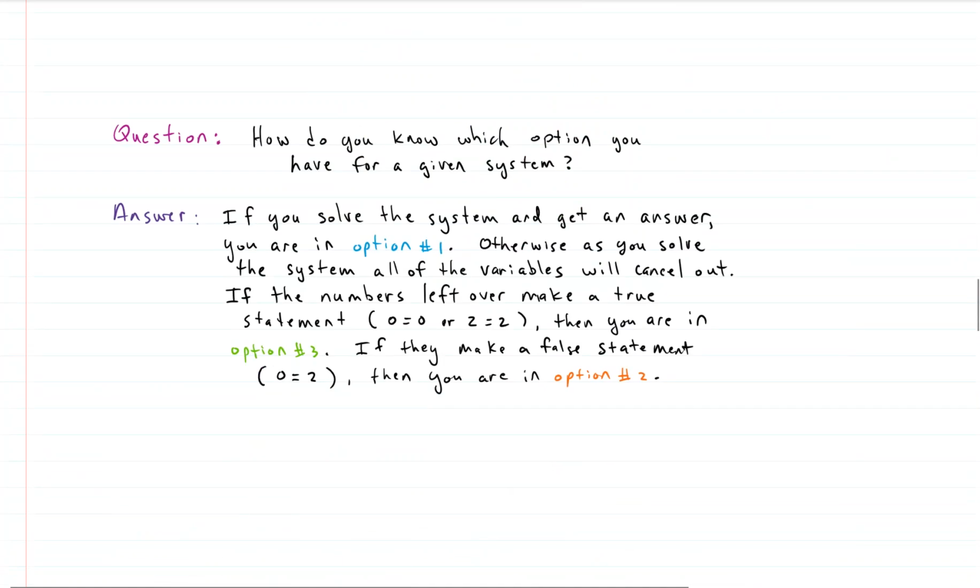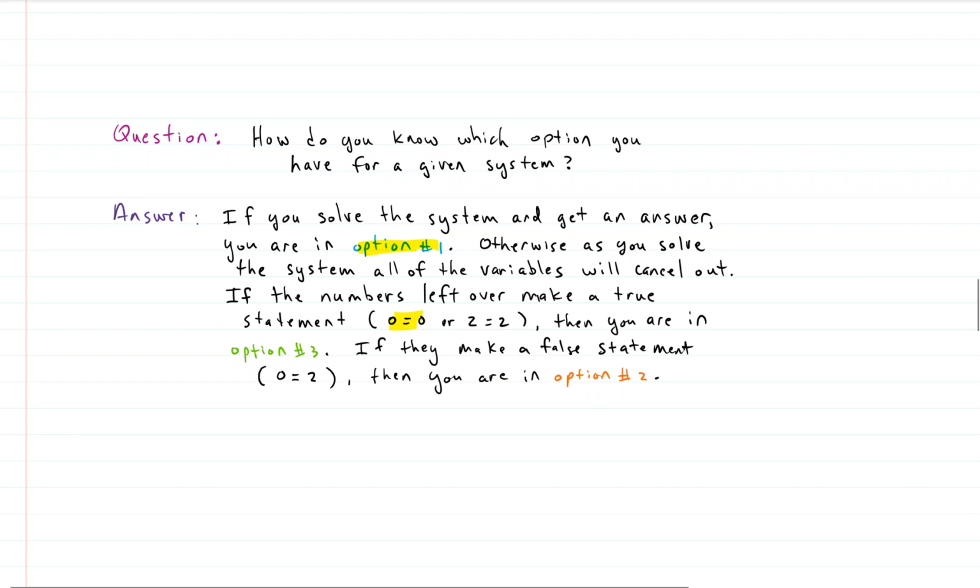So how do you know which option you have for the system you're given to solve? Well, you simply start solving the system. And if you get an answer, an x, y, z coordinate, then you know you are in option number one, which is one solution. If, as you are solving your system, your variables drop out, all the letters drop out, and all you're left with is numbers and equal signs, then you're in either option 2 or option 3.